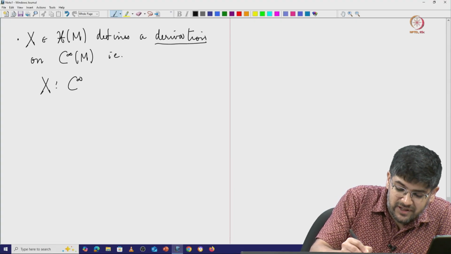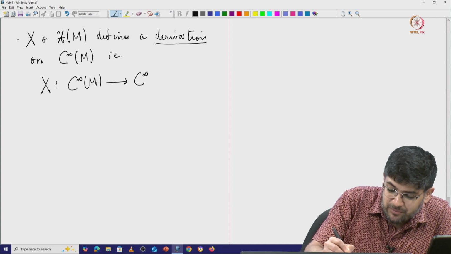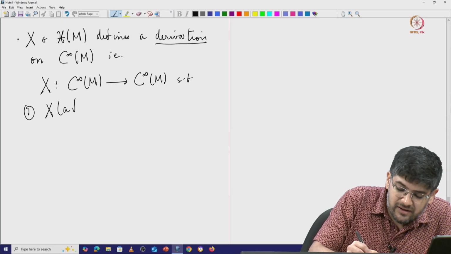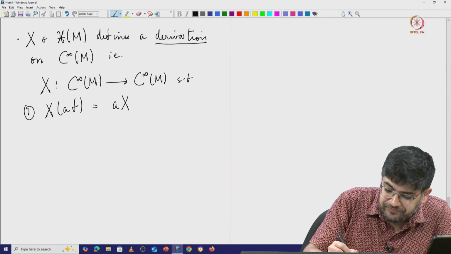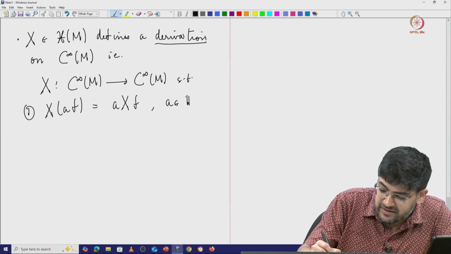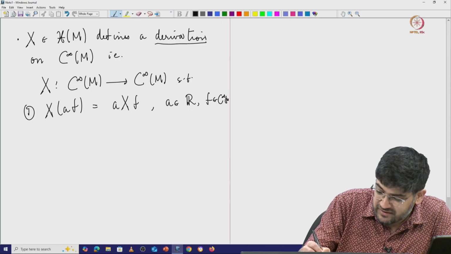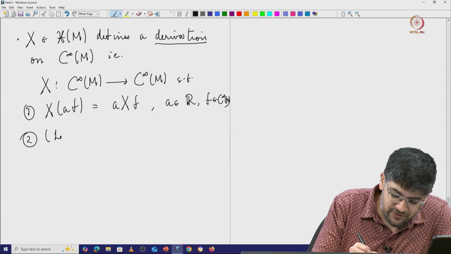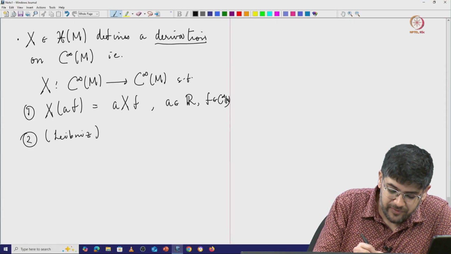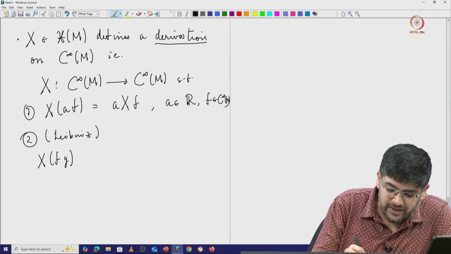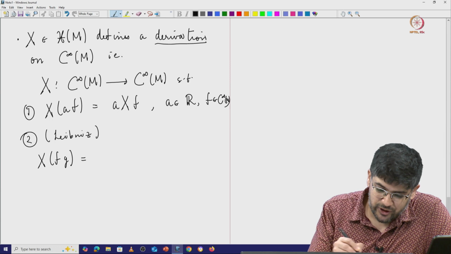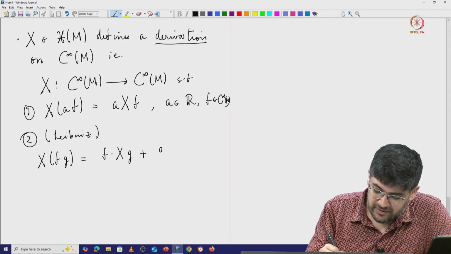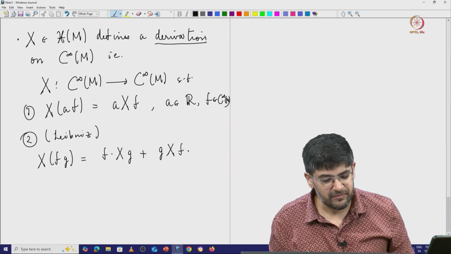So that means X will give me a map from C infinity M to C infinity M such that it's R linear whenever A is in R and F is in C infinity, and being a derivation means that it satisfies the following Leibniz rule, that if you multiply two functions and apply X, then that's going to be just this. Okay.